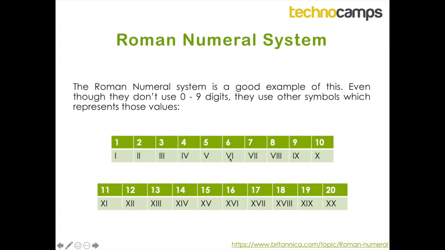If it's after any multiple of 5, the lines will be on the right. And the actual value that is a multiple of 5 will be the new symbol or symbols on its own. So if we take the value 10, which is a multiple of 5, the number before 10 has the line before the new symbol, which is X. 10 is just X on its own, whereas for 11, this time the line is on the right side.